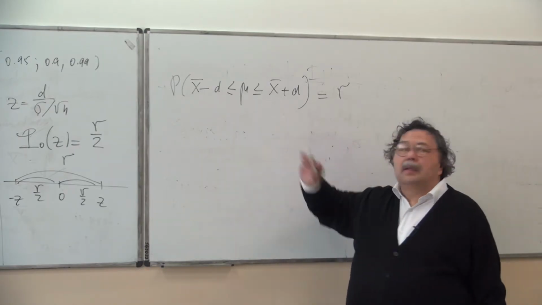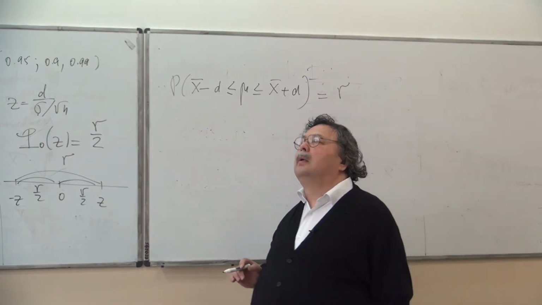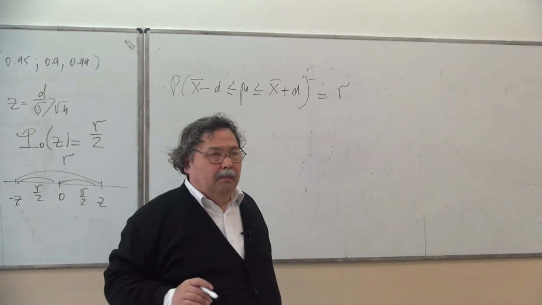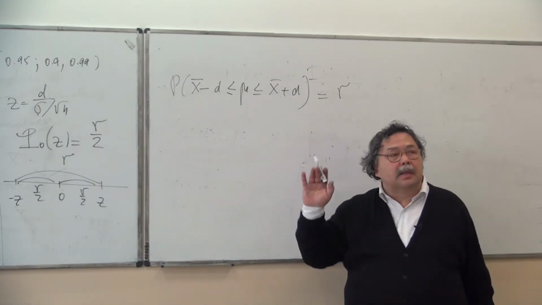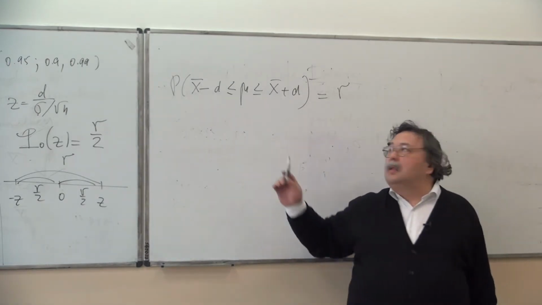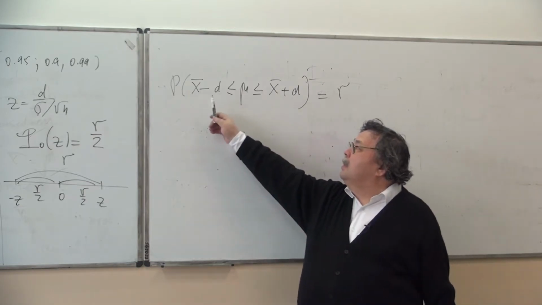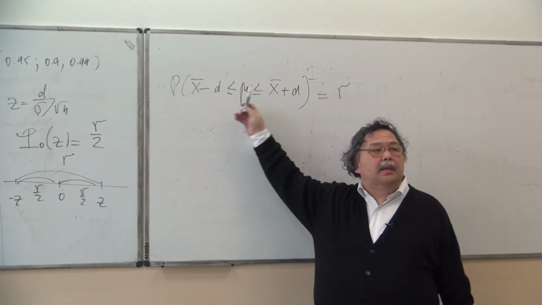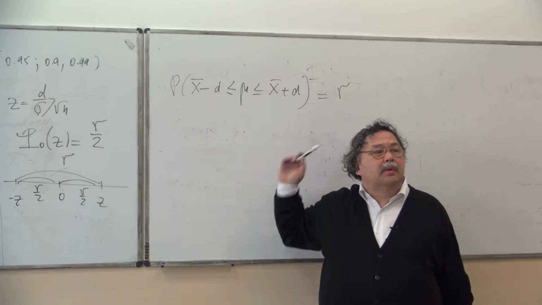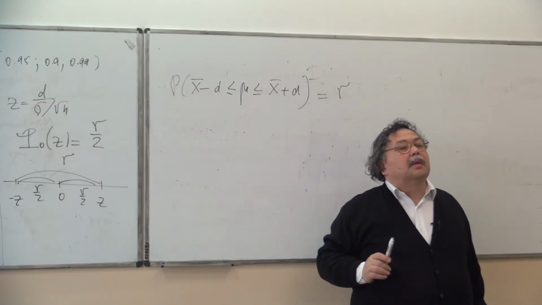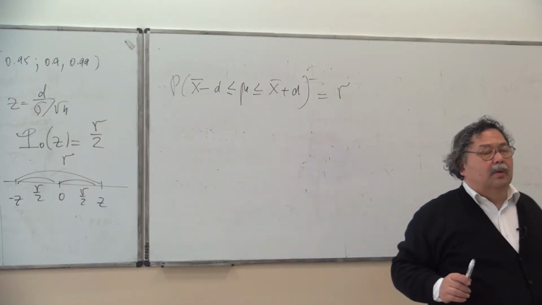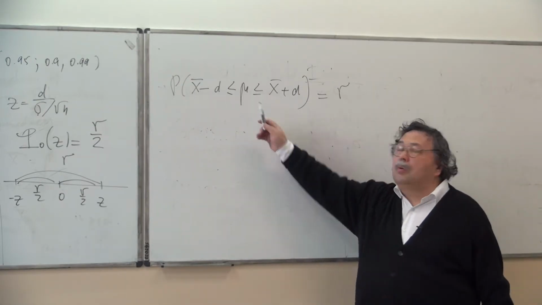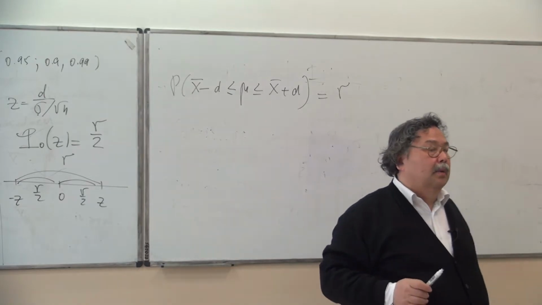The first thing that comes to mind when we look at this equation is this: the probability that mu gets within this interval x bar minus d to x bar plus d is equal to gamma. And please note that this is a wrong thing to say. Why is it wrong? Mu is not a random variable.